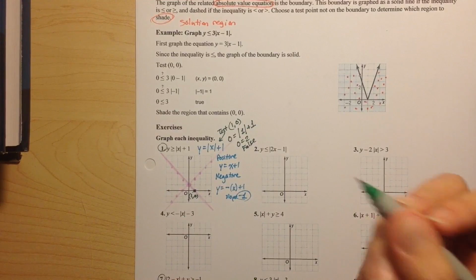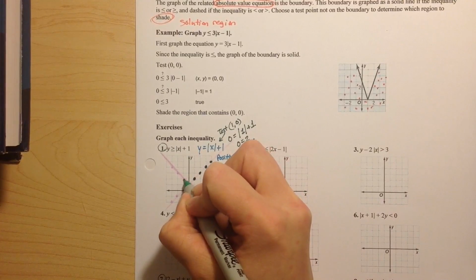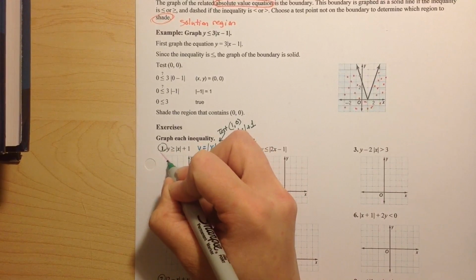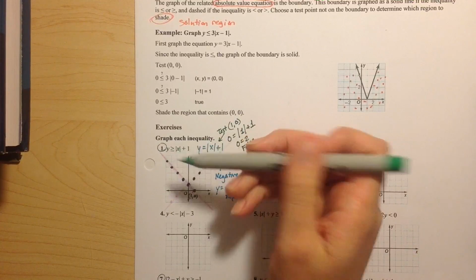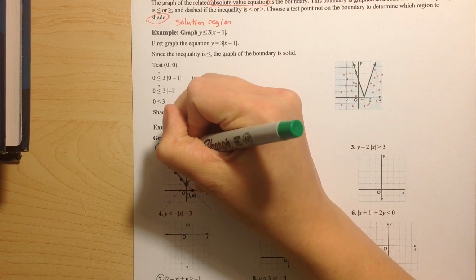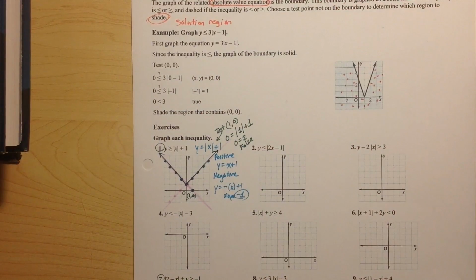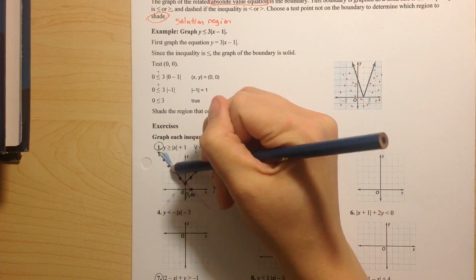That means it's the upper V. So I want all of these points. All of these points are going to make the V that I want for this particular one. It is a greater than or equal to, so I can make these a solid line, both directions. And because it's a greater than situation, I'm going to shade above.